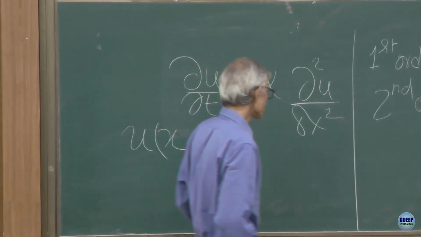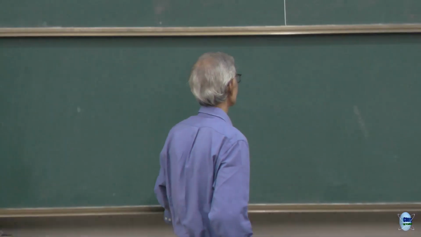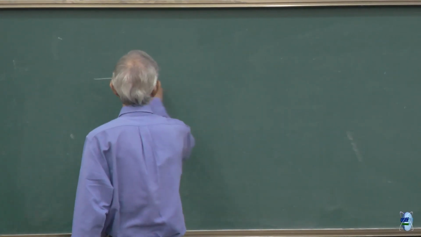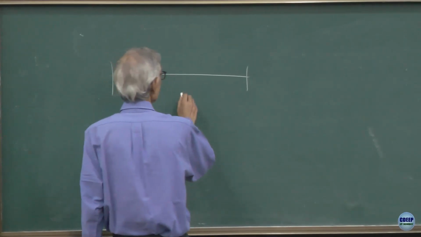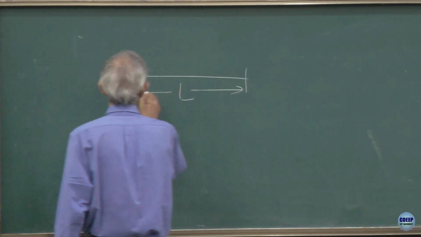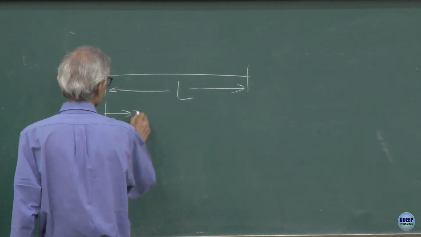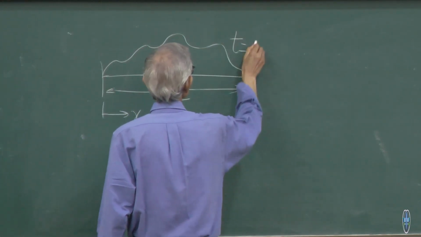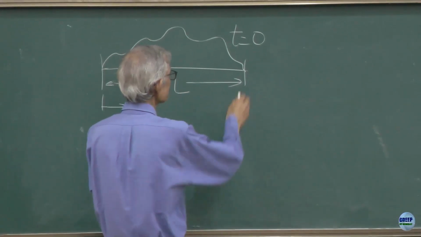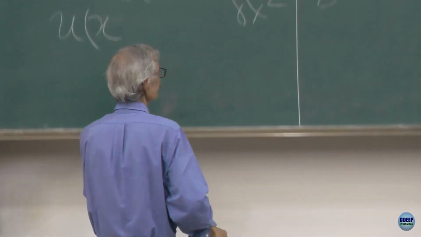We now are going to look at the domain. So you need to now necessarily look at these domains. So let us just say that we've got an x, this is the x, and at time t equal to 0, there is some profile for u.